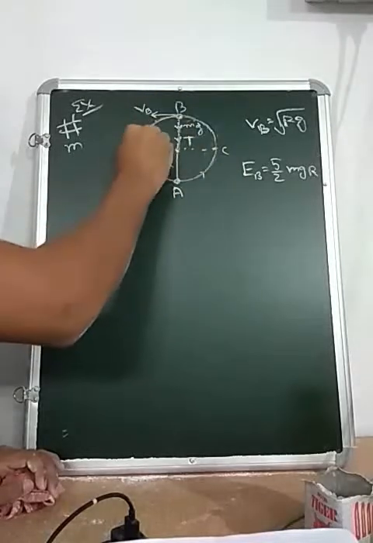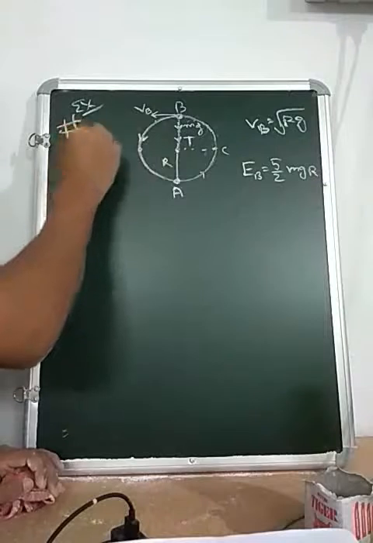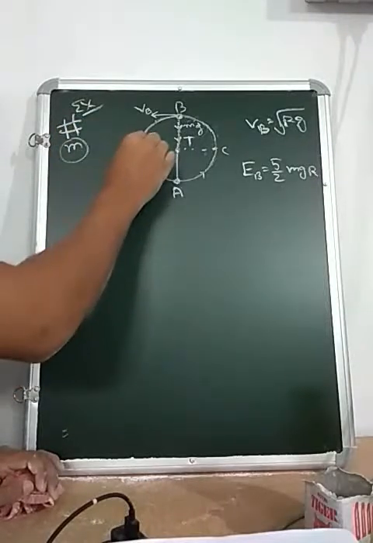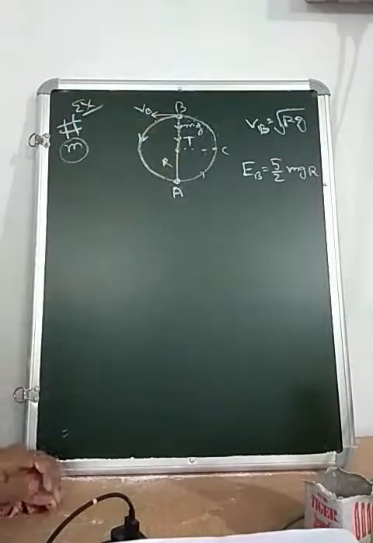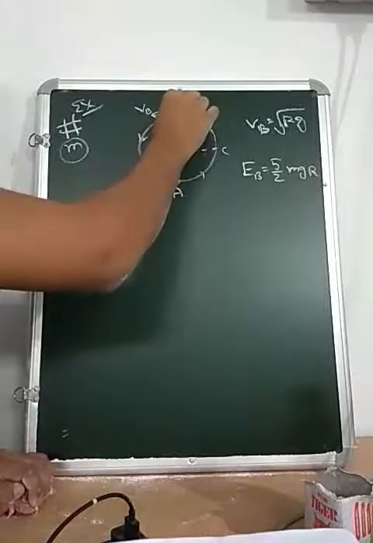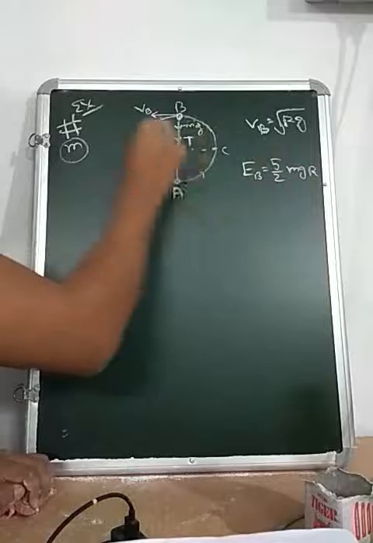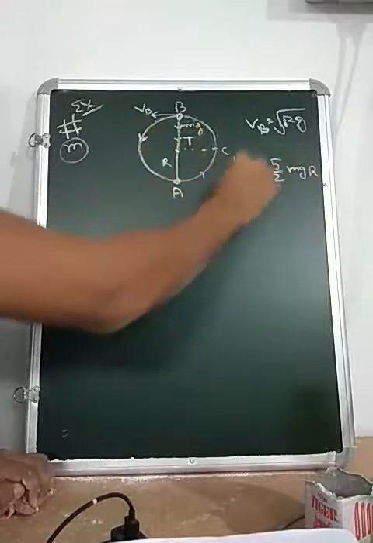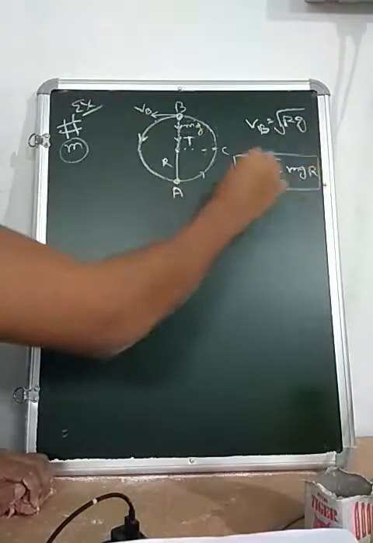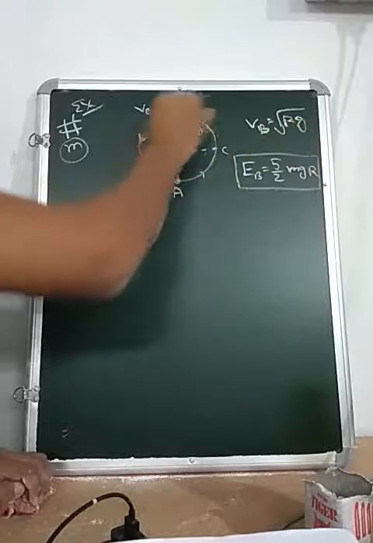At any point, if you see the total energy of the body of mass m, it will remain constant. And what we know? We know the total energy of the body at position B, which is 5/2 mgr. So this total energy will be the same for any position.